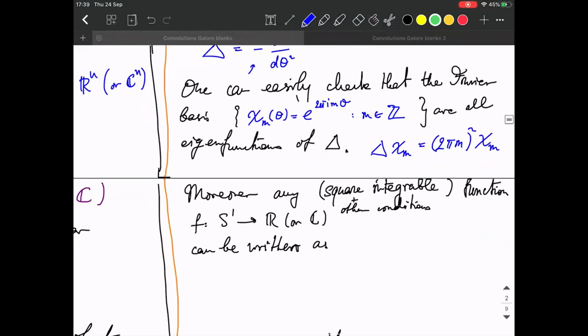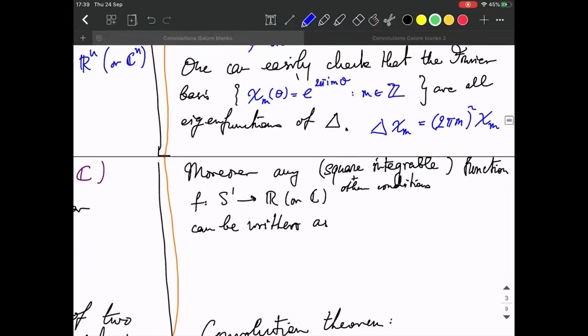Now, one more thing, the standard fact from Fourier analysis is that these functions form a unitary basis for the square integrable functions on the circle, and that's a mouthful. But basically, it says that any reasonable function on the circle can be written in a unique way as an infinite sum over all m in Z, with some unique coefficient times these Fourier basis functions.